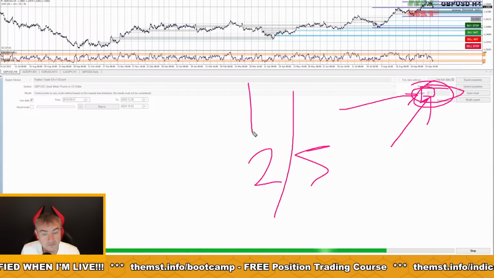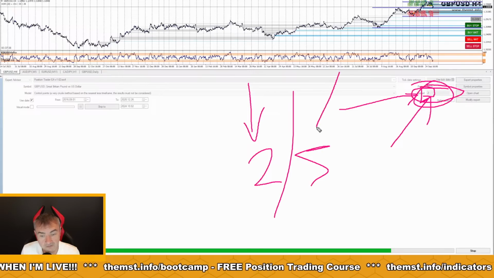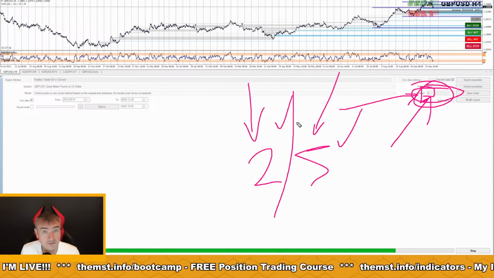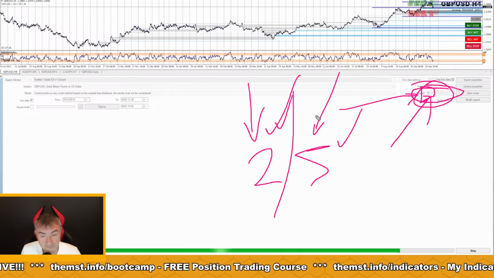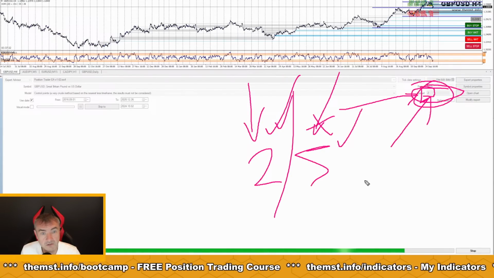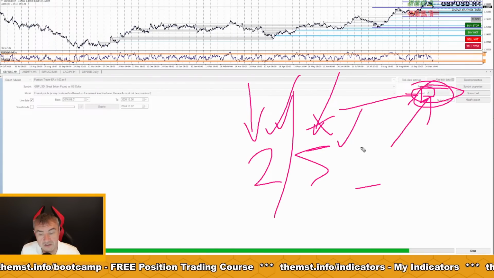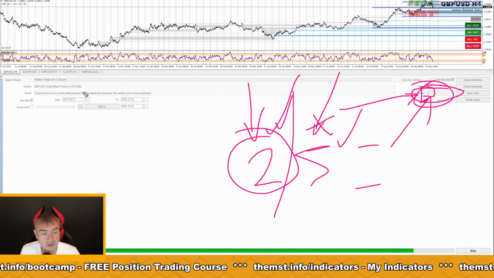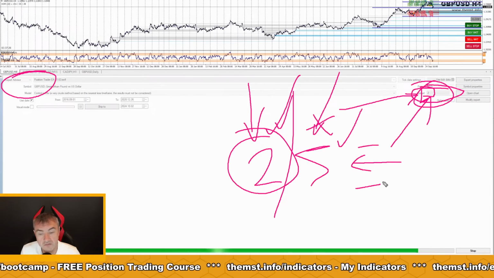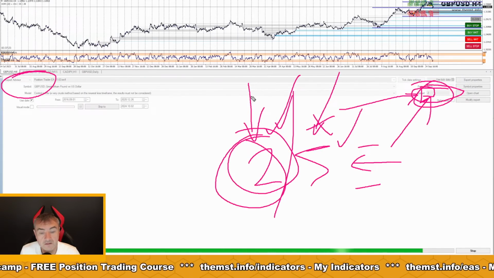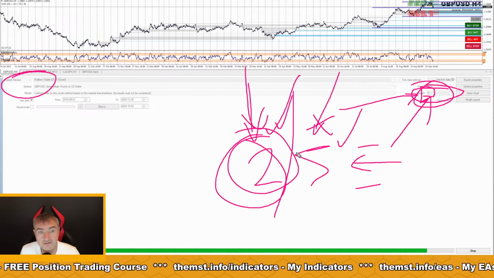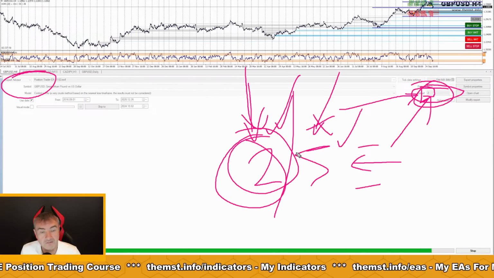So does it make profit there? Does it make profit there? Yes. It's robust. No, it's not robust because your broker may change your spread in the future on this instrument to 4 pips. You're not going to get the same result. Or are you? You probably will.